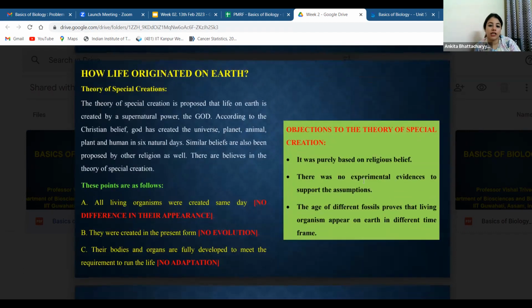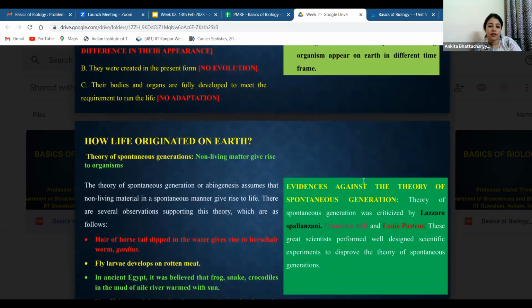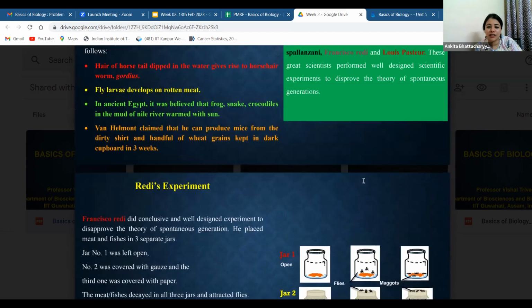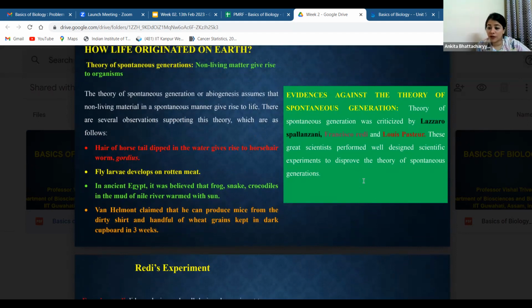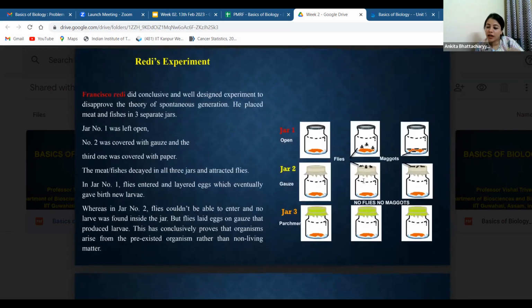Coming to these, we talked about the first theory. Then came the theory of spontaneous generation. That was quite debated, and there were evidences that went against it. If you look at the claims, they seem quite outrageous, like how if you just dip a horse hair in water, it gives rise to worms. So obviously there were experiments which went against it. First was Redi's experiment. We have talked about it.